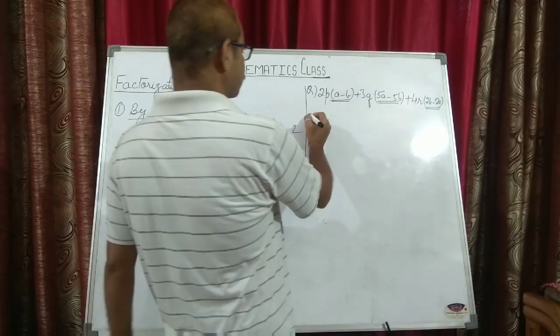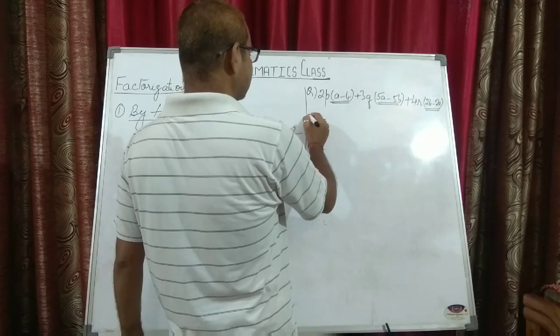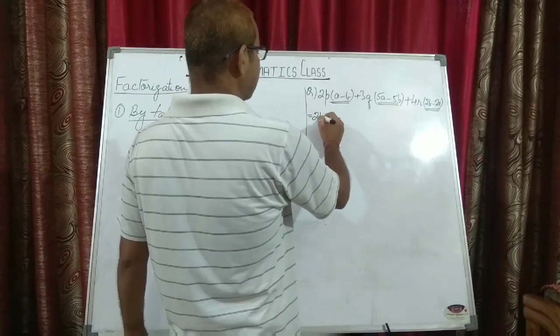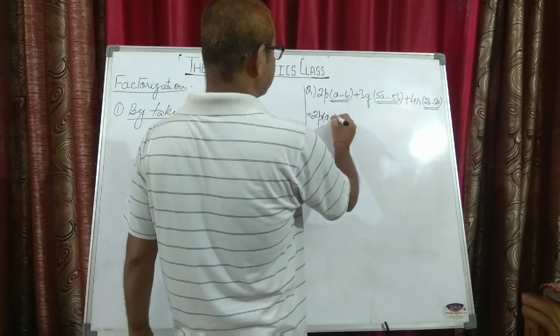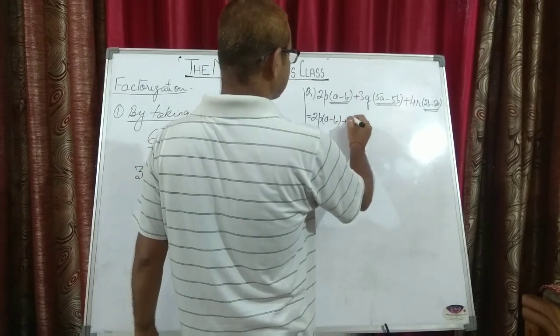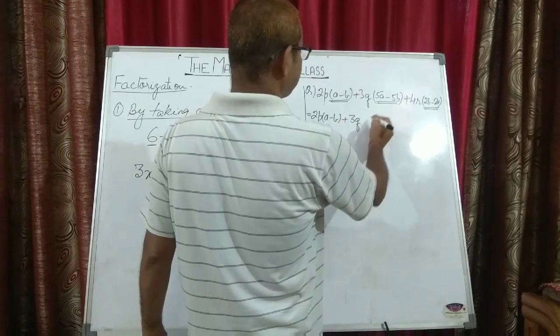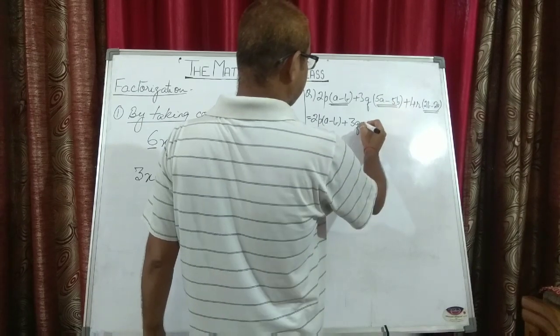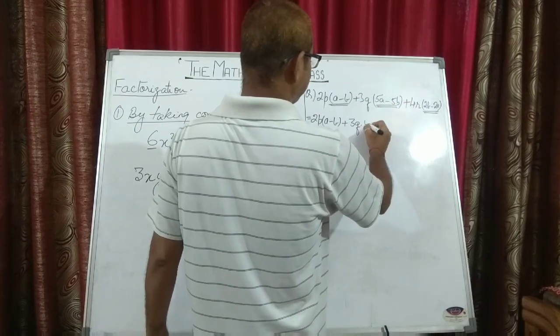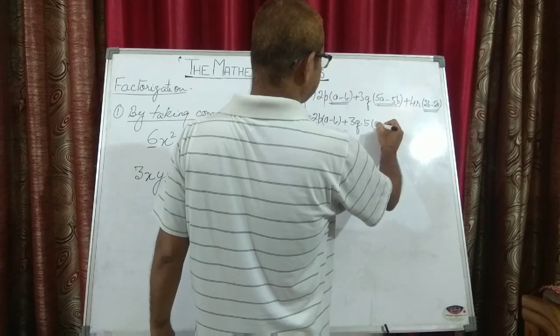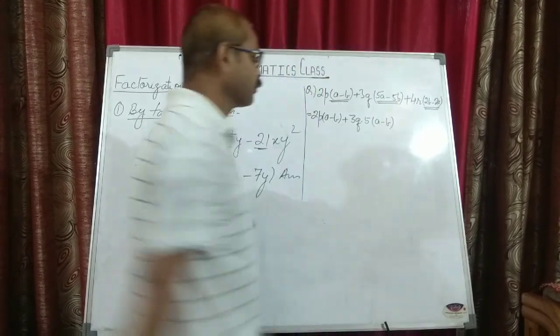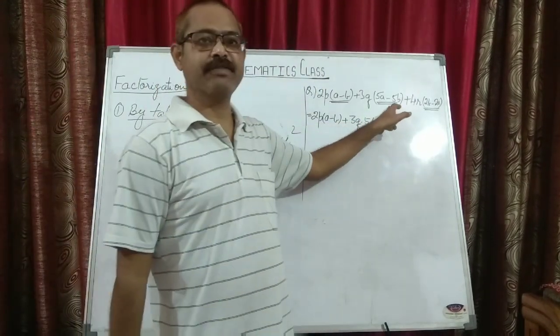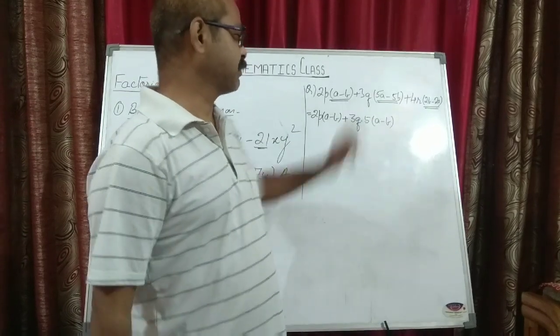So the first part can be written as 2p and simply a minus b, no change, plus 3q. I am taking 5 common from the bracket. So 5 is common. What is left? A minus b. What I have done in this is I have taken 5 common, and a minus b is left.